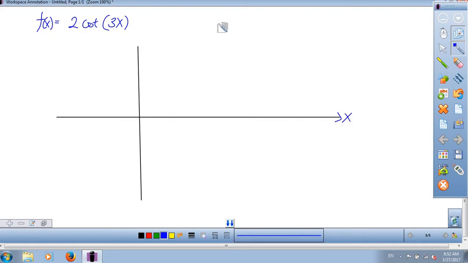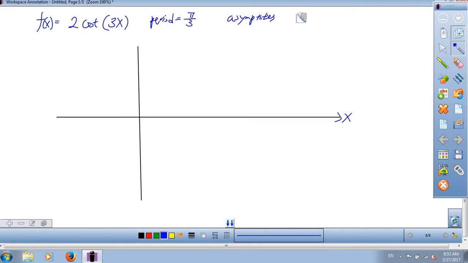What we want to do is find the position of the asymptotes. Of course, the period here is going to be pi over b, which is pi over 3. Then we need to find the position of the asymptotes.